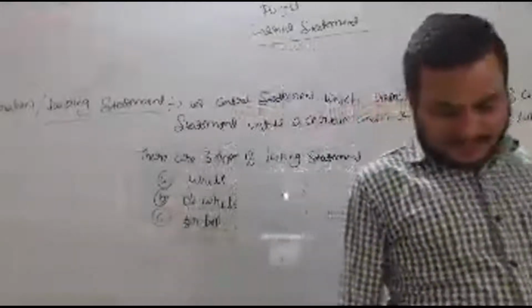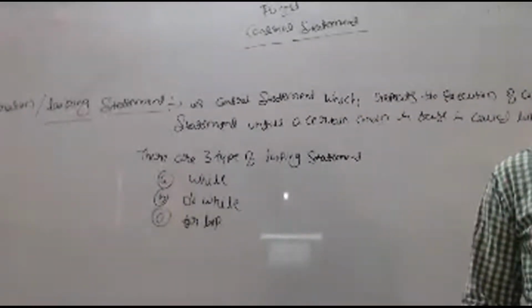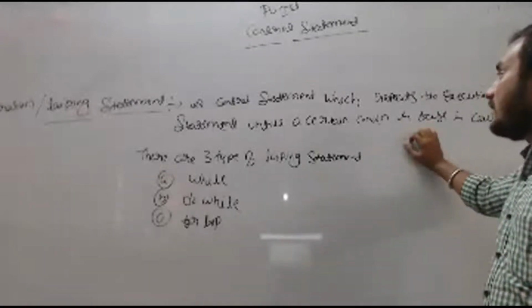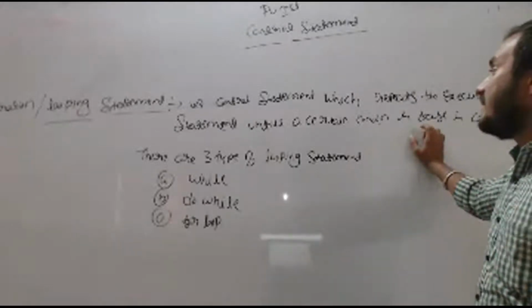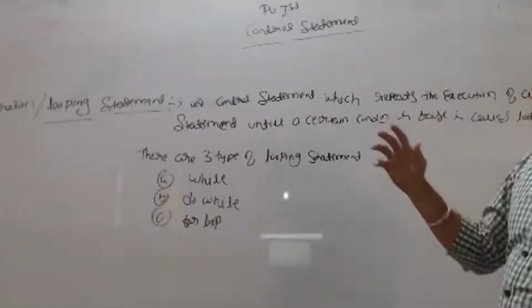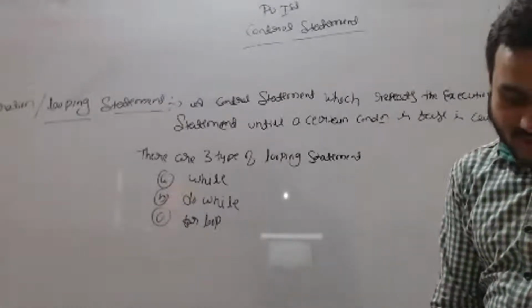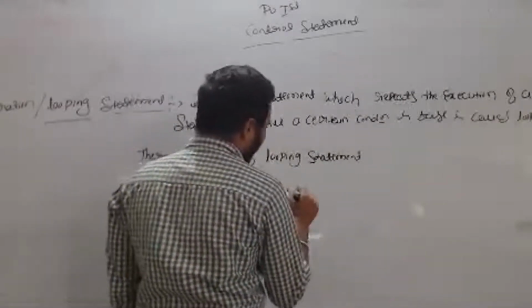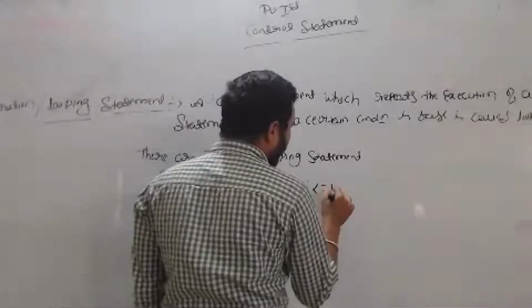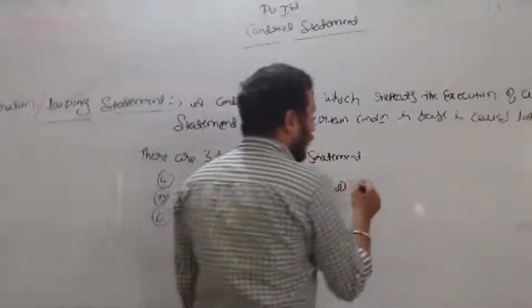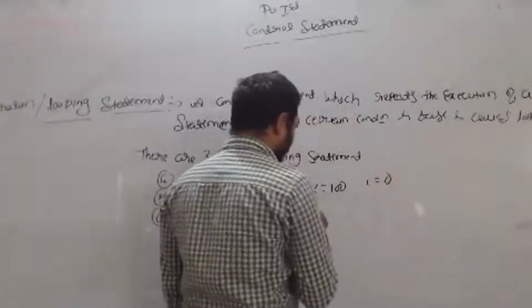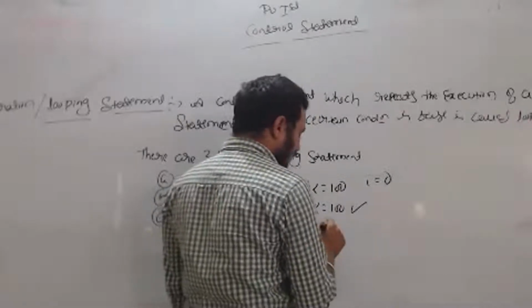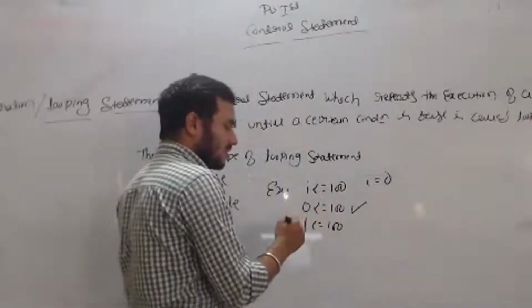The control statement which repeats the execution of a statement until the condition becomes false, that is, it executes the statement as long as the condition is true. For example, if I take i less than or equal to 100, but the i value starts from 0. 0 less than or equal to 100, true. 1 less than or equal to 100, because 1 is smaller than 100, again true.